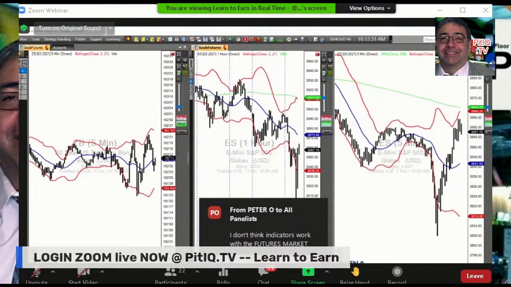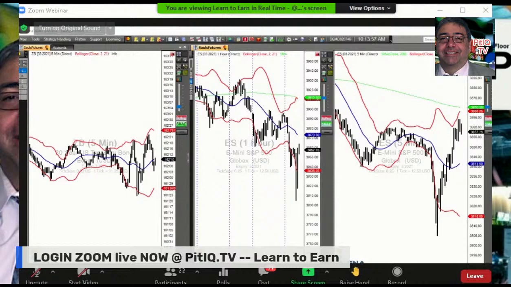You don't think indicators work with futures markets? Well, it's only because futures markets are moving quickly. You have to make split-second decisions, and obviously indicators are not there to give you split-second moves, at least not for what we do.